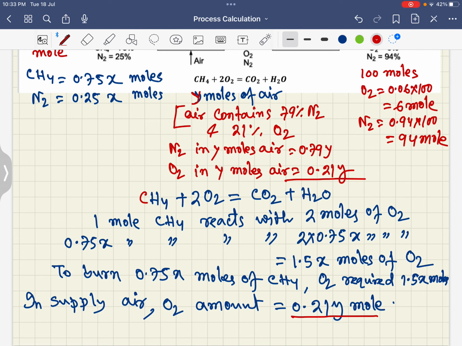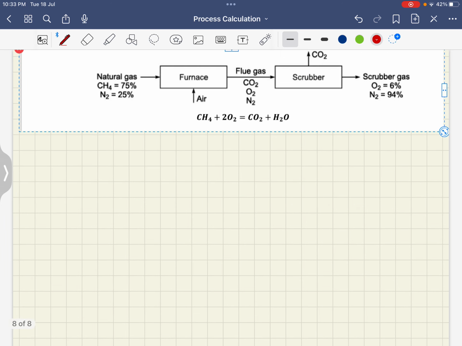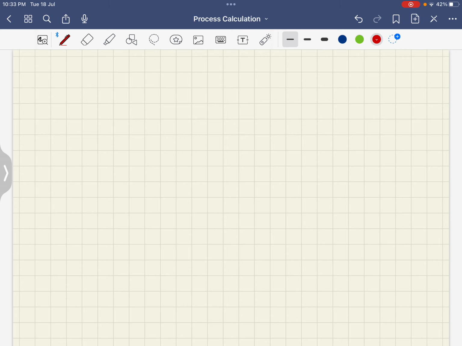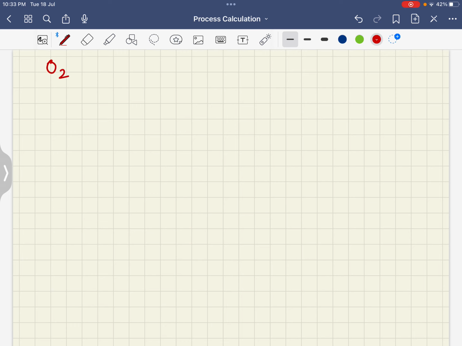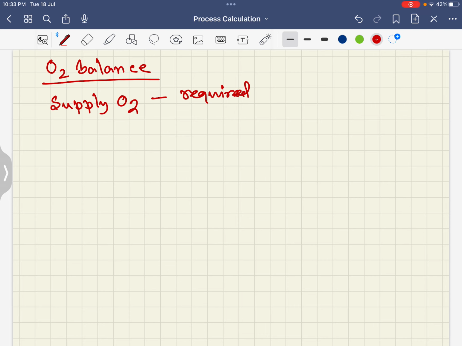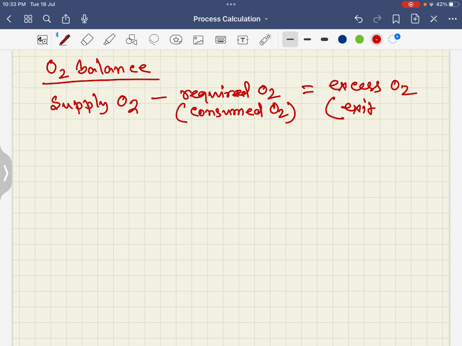Now we can do the oxygen balance. Supply oxygen minus required oxygen, or consumed oxygen, is equal to excess oxygen, that is exit oxygen.